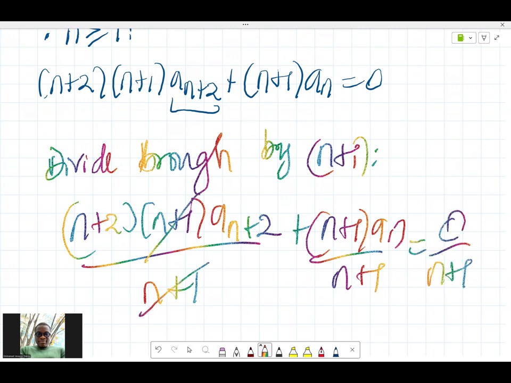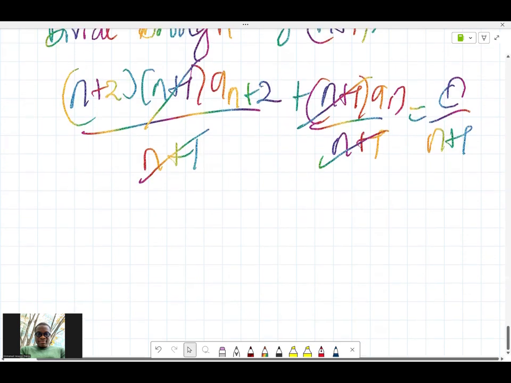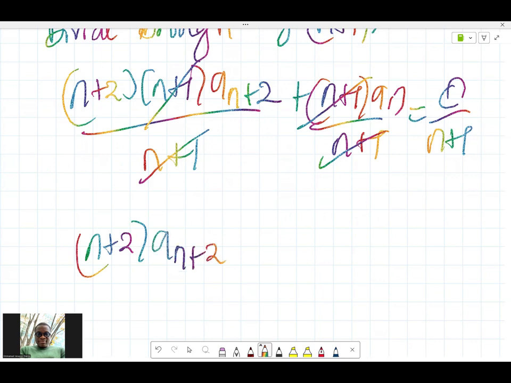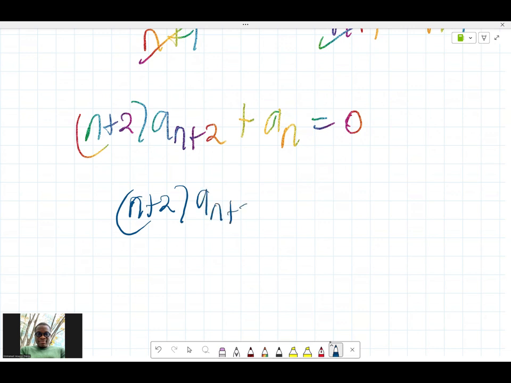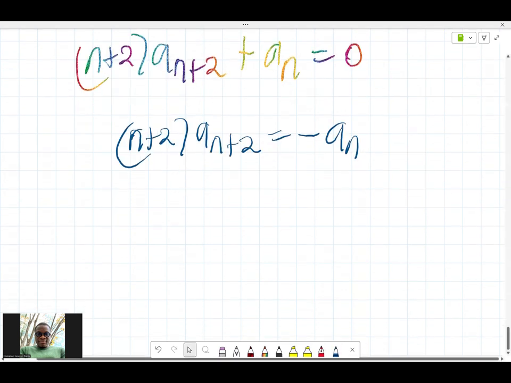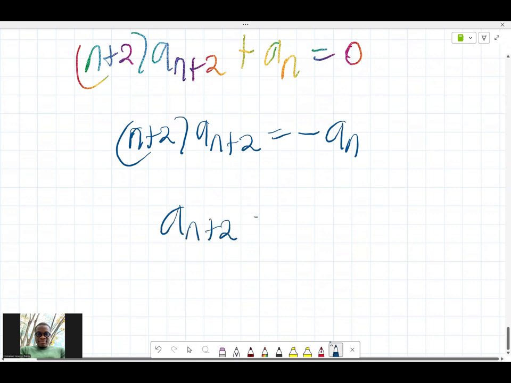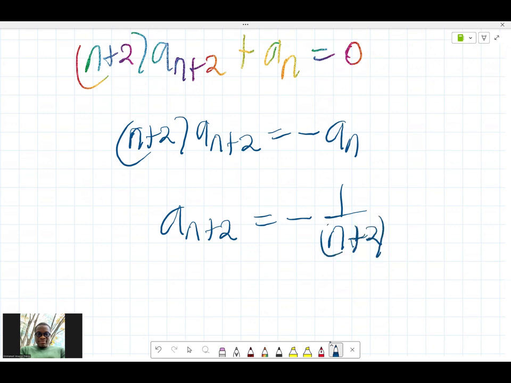So this cancels, and we have n plus 2 into a_{n+2} plus a_n equals 0. From here we can write a recursion formula: n plus 2 times a_{n+2} equals minus a_n. So a_{n+2} alone is equal to minus 1 over n plus 2 times a_n.